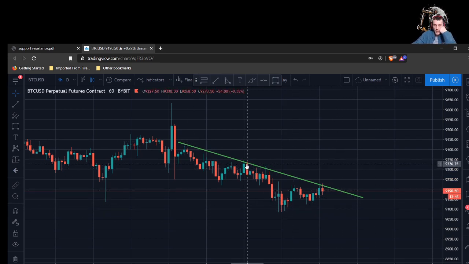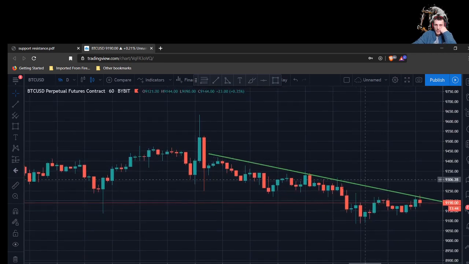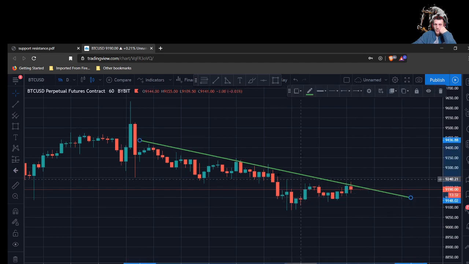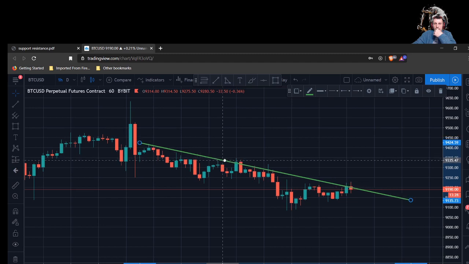See how the body of the candle, I'm drawing right on the body. And yeah, there are some wicks here, but for the most part we're down on the body. Now if I went down like this, that's invalid because my candle's right here closing above the trend line.